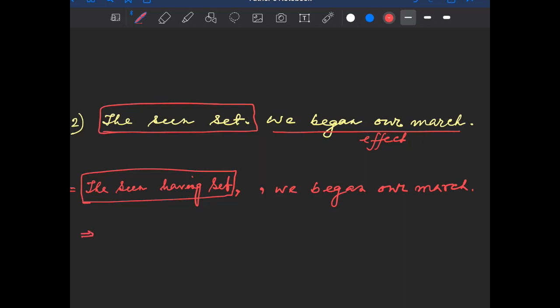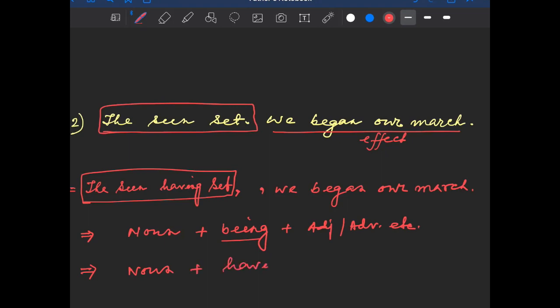See, if you get a be verb, we will do the noun plus being plus adjective or adverb, etc. If you get be verb, use being. Another one is noun plus having, then you will get a verb, past participle of the verb.